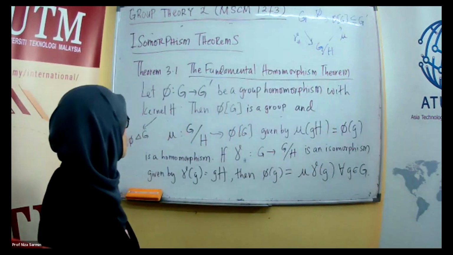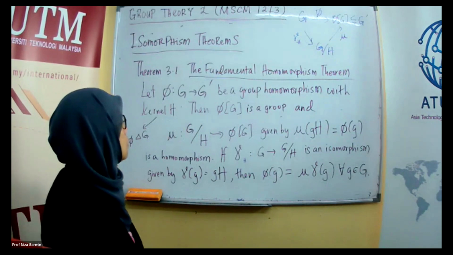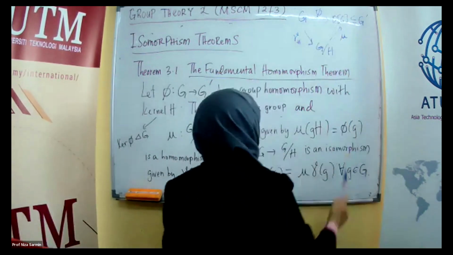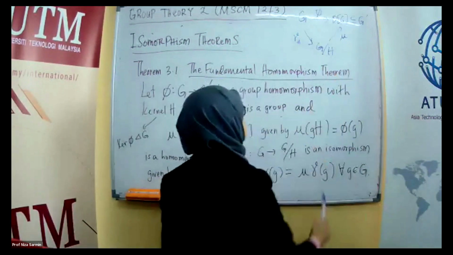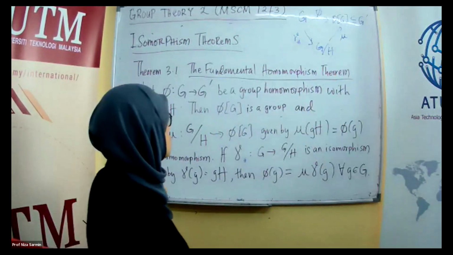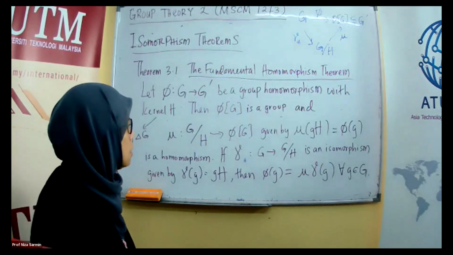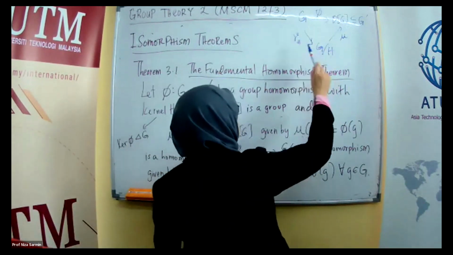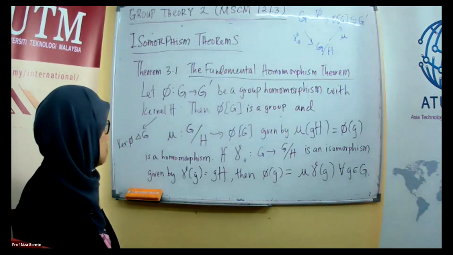Call this the image. A group homomorphism, kernel is H. Then this is a group. Okay, and mu from this to there is a homomorphism. And if you have this mapping from G to the quotient group, it's an isomorphism.